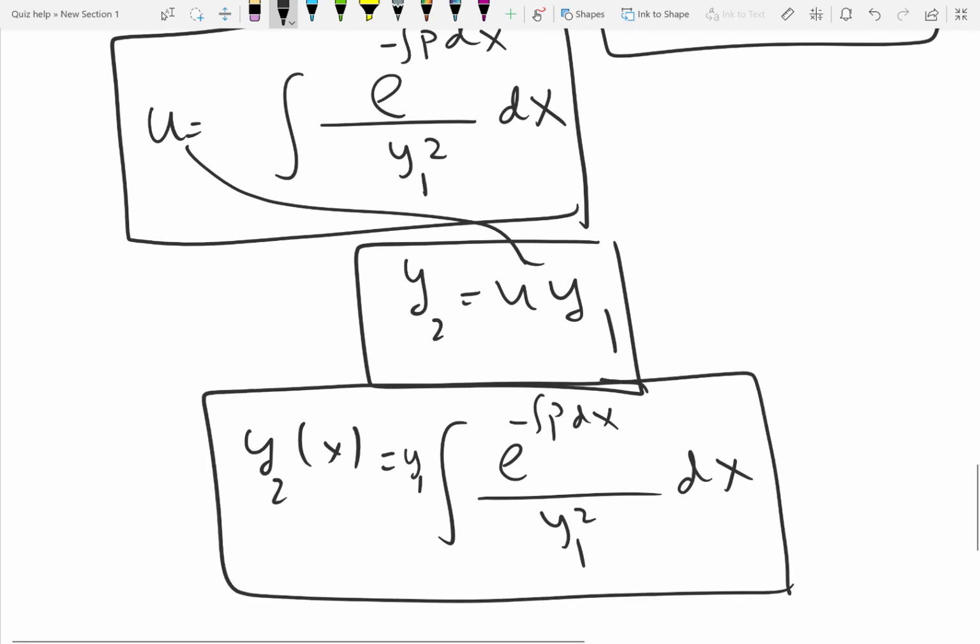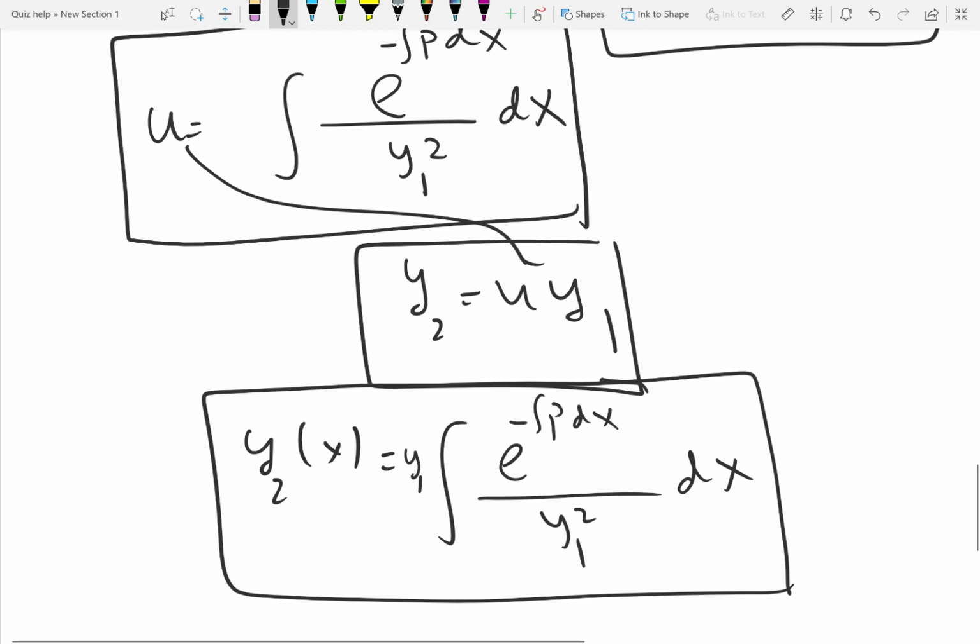Alright, let's pause here. It looks like a big integral, and we are going to see lots of examples in upcoming videos, okay? Before I finish the video, let me tell you a couple of things. Here we derived a formula to find y2. So given an example problem, exam question or homework problem, you can take two approaches.